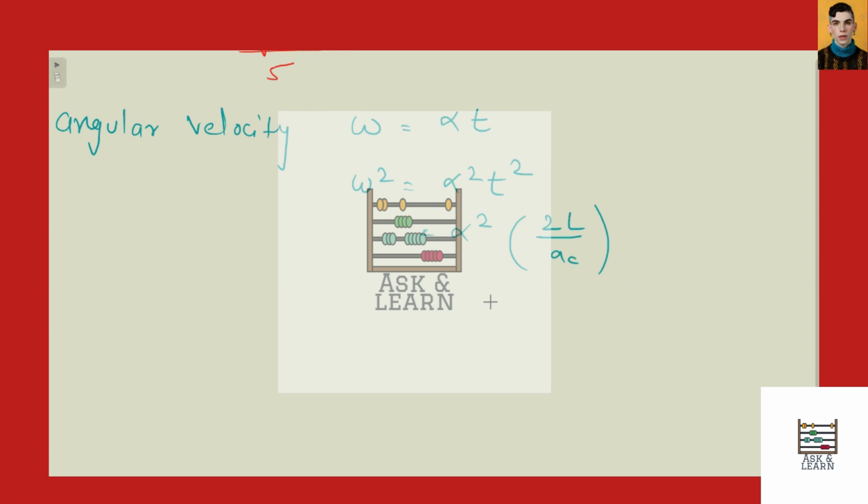So omega square is equal to alpha square, which is 9 by 100 g square sin square theta upon r square, times 5l upon 2g sin theta.